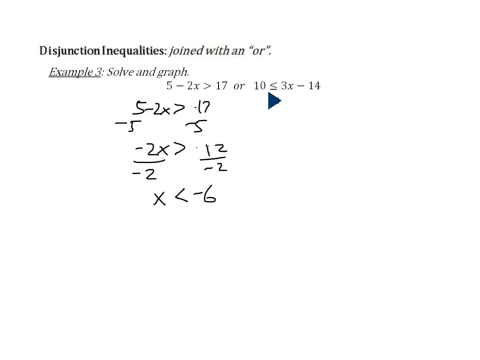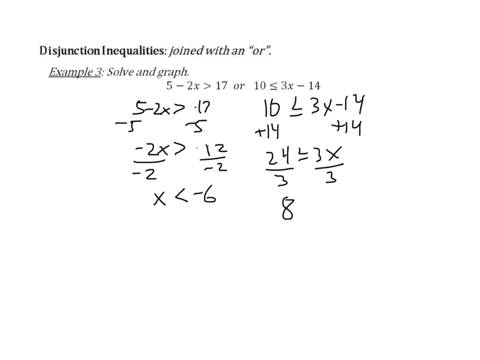And then we take our second one over here. And we have 10 is less than or equal to 3x minus 14. Let's add 14. And we got 24 is less than or equal to 3x. Divide by 3, and we get 8 is less than or equal to x.